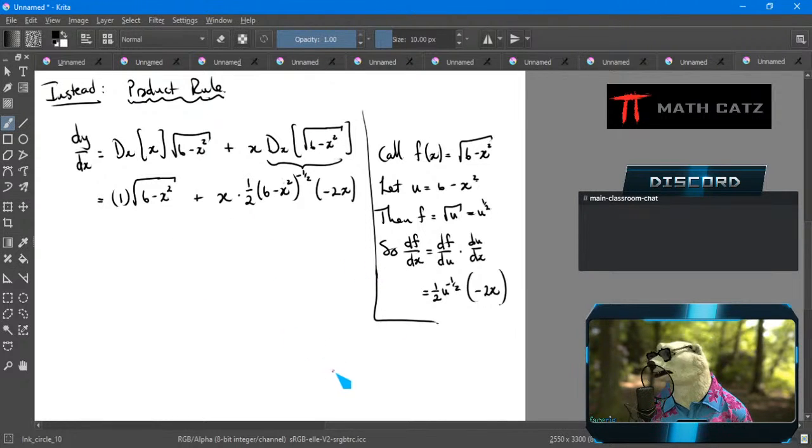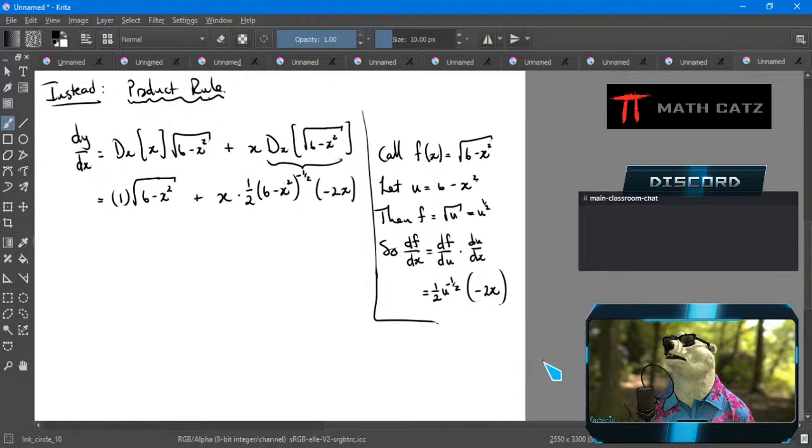Look at all this. A month ago, we weren't even close to doing something like this. Look at all this. I think we should be proud. Do I care to go further with this answer and simplify it? No. Personal choice.